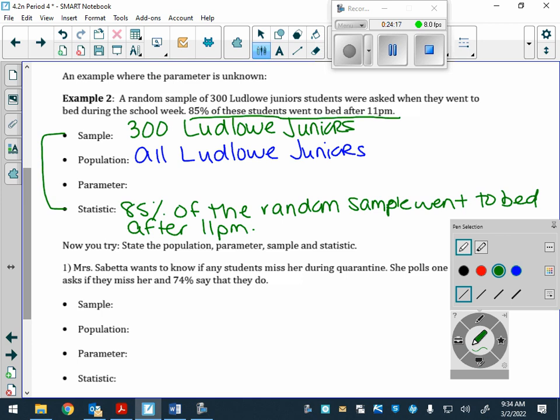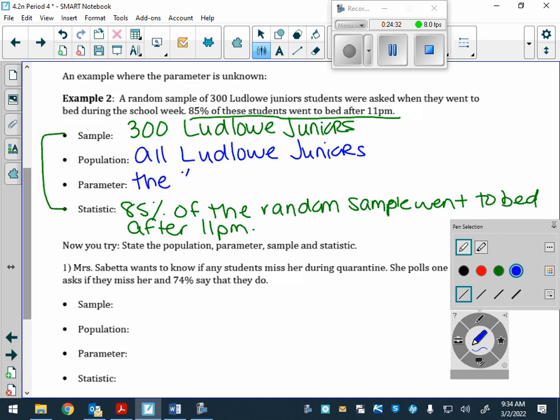Okay? So the hard part is the parameter. We're literally reiterating, taking out that percentage and replacing it with a word. Okay? So watch what the parameter is.